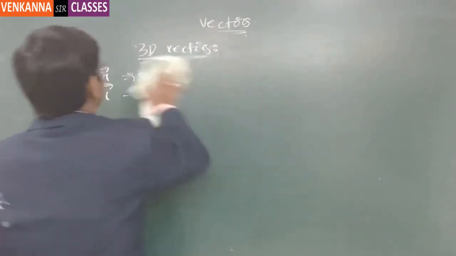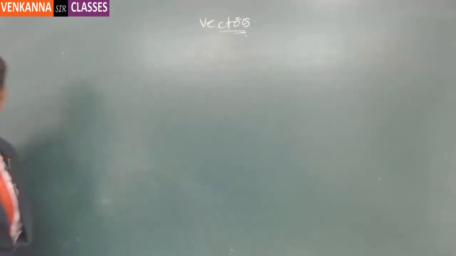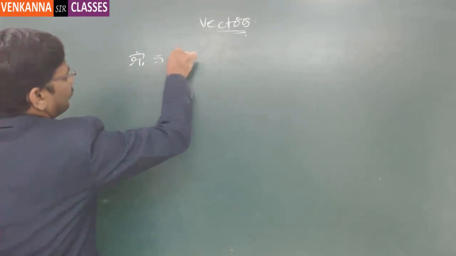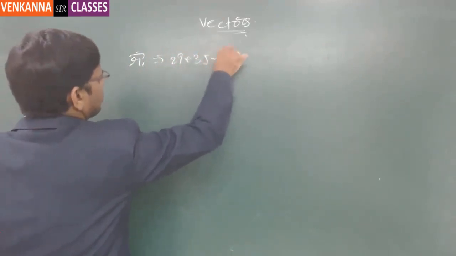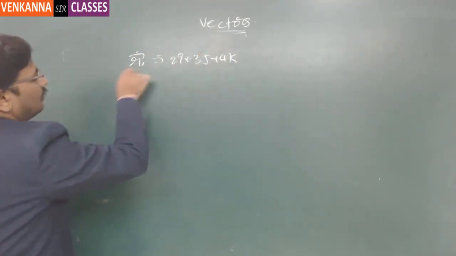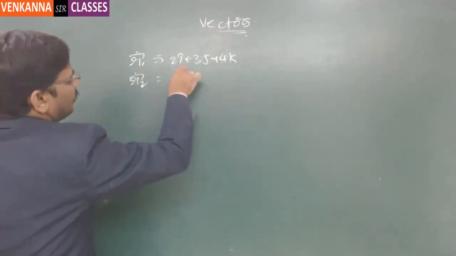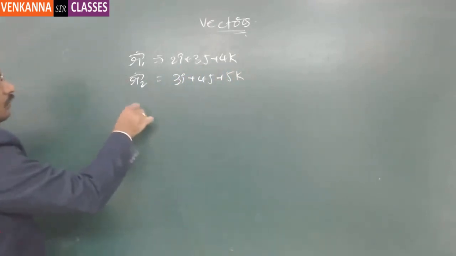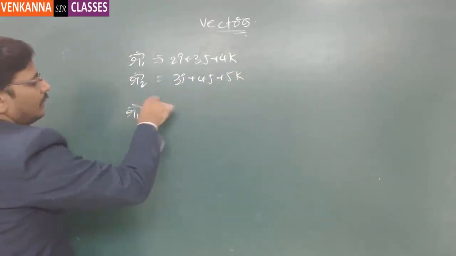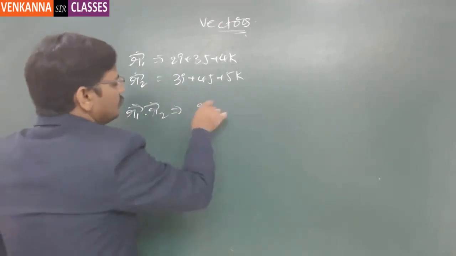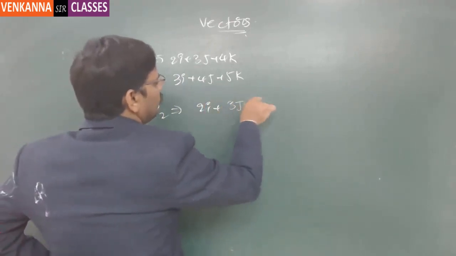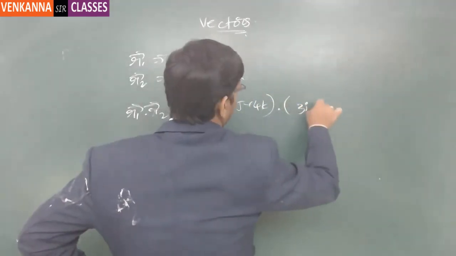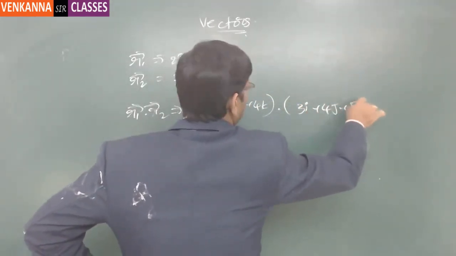Now, when we are dealing with the dot product with this kind of vectors, let us say R1 is equal to 2i plus 3j plus 4k, and R2 equal to 3i plus 4j plus 5k. Then if you want to calculate R1 dot R2, you need to calculate (2i plus 3j plus 4k) dot (3i plus 4j plus 5k).